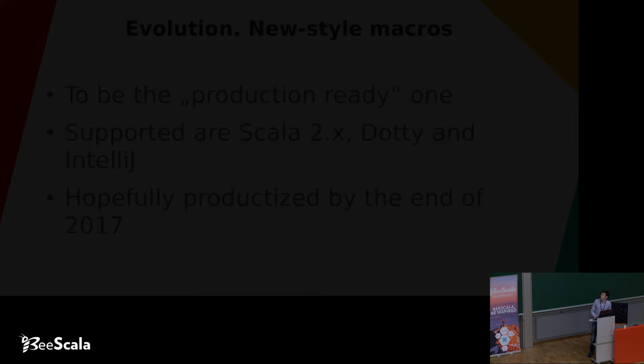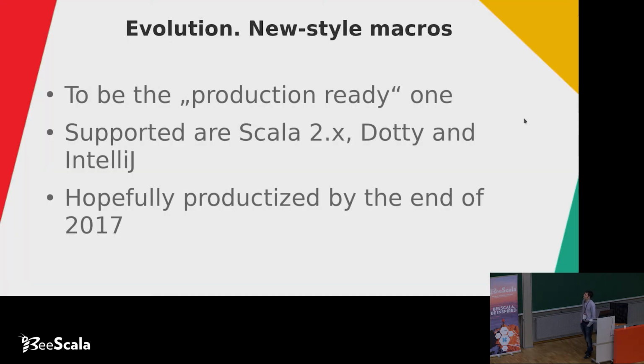In the year 2014, Scala Meta was announced by Eugene at Scala Days in Berlin, as far as I remember. And it's going to be production ready one day. As far as I know, the current schedule is to productize it by the end of this year. So hopefully that will finally happen.